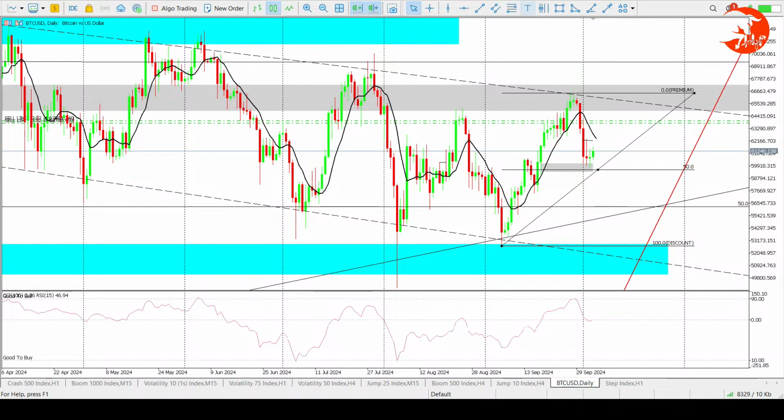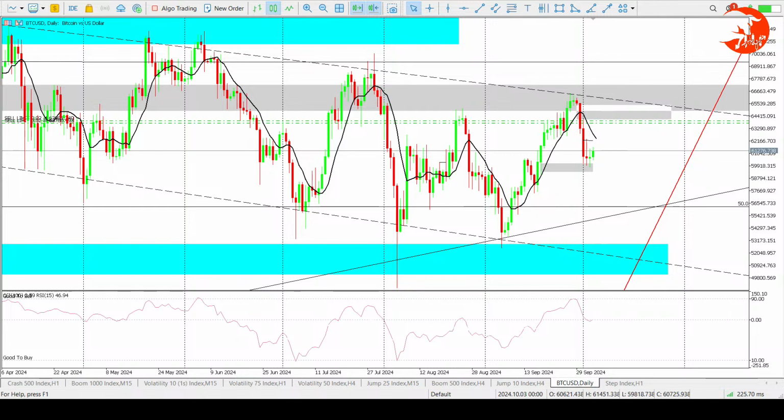So there's that fair value gap left above there on the daily. That would be a better choice for us to sell this BTC from. So what am I saying?